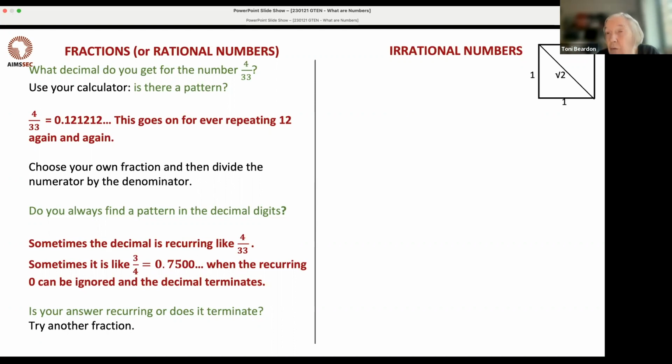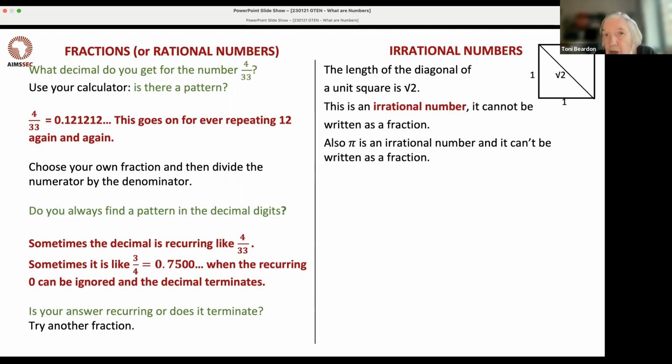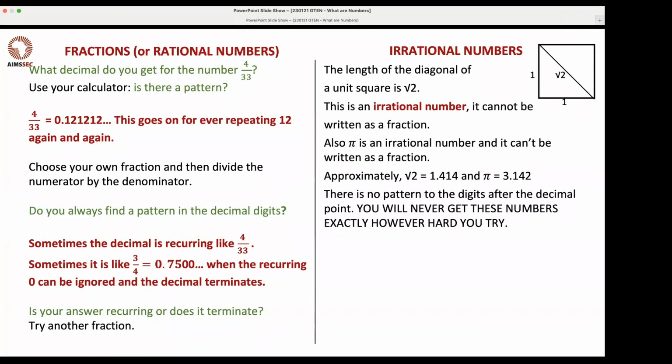If the edges of the square are 1, then the diagonal is of length √2, and that is an irrational number. It cannot be written as a fraction. And pi is an irrational number, and it can't be written as a fraction either.